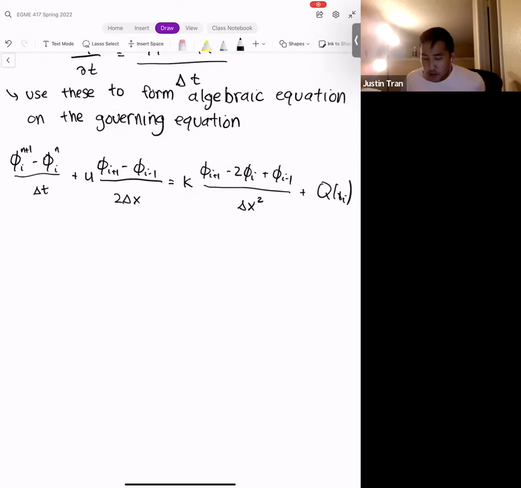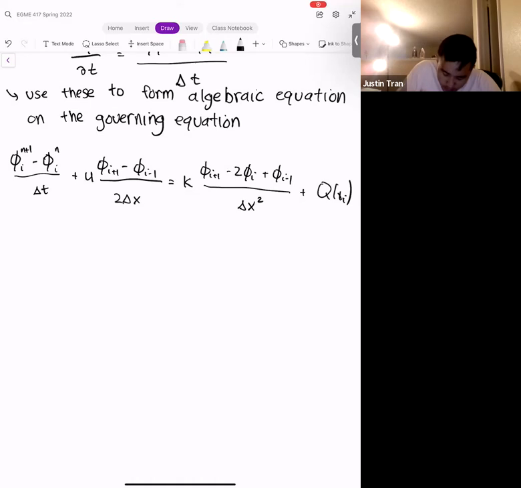And so, traditionally what we can do is that we can multiply both sides by delta t. Okay. So we'll keep the delta x in the denominators here because it makes the expressions a bit more clean. Okay.